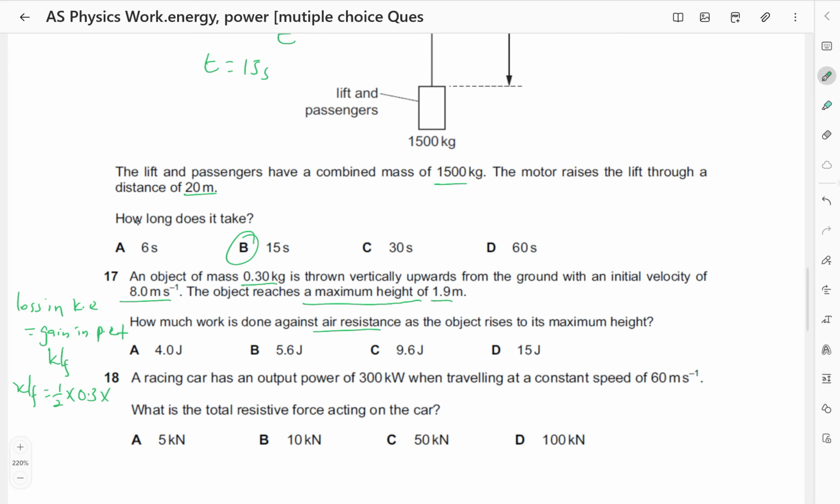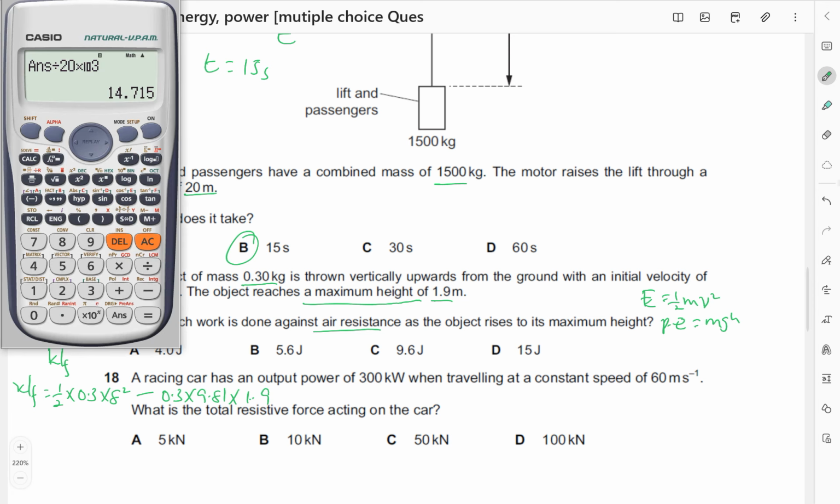Initially it is 8 meters per second, so that is 8 squared, minus the gain in potential energy, which is mgh. So minus m, which is 0.3, times g, which is 9.81, times h, which is 1.9.